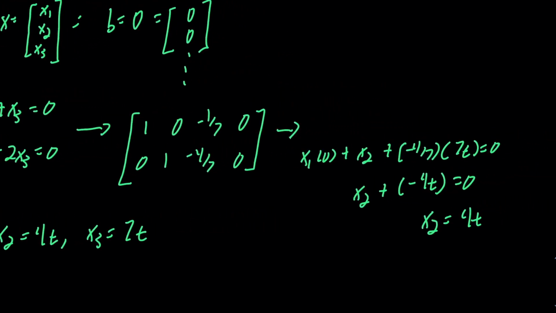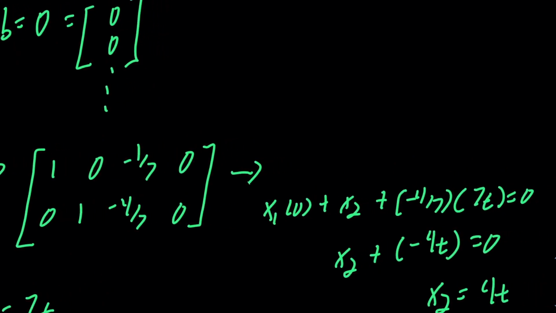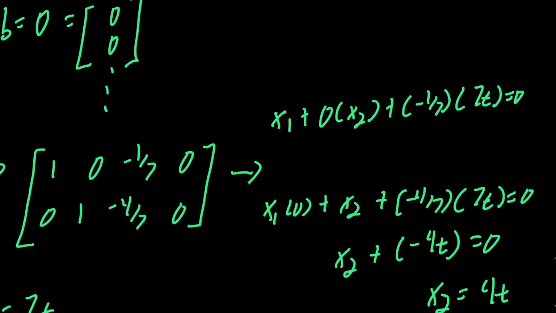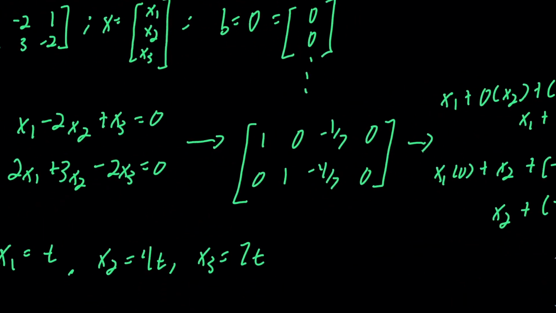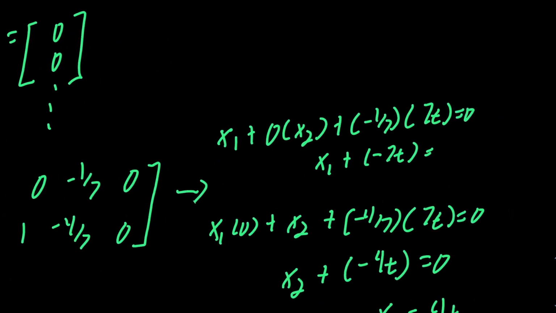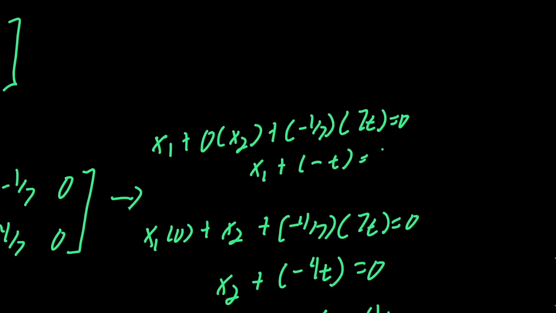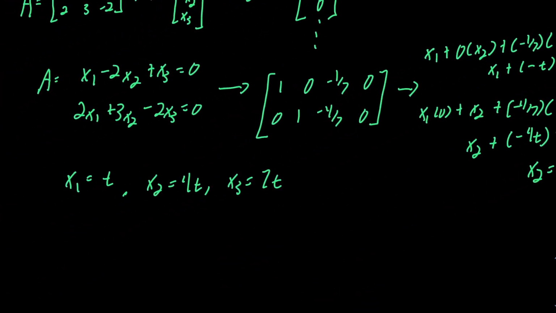Let's plug in the value for x3 into the first row, where we have x1 plus 0 times x2 plus negative 1/7 times 7t, which is equal to 0. 0 times anything is 0, so we just get x1 plus negative 7t equals 0, the 7's cancel out, so you just get negative t, and as a result, x1 becomes t. So I hope this clears up the solution for this system.